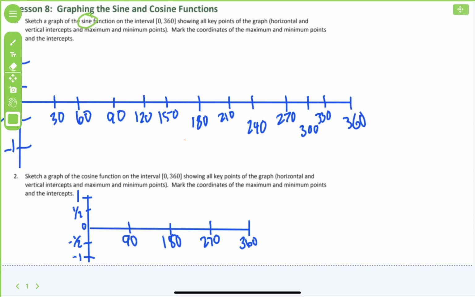Okay, so we're only thinking about the sine, or the y's, of our graph. When we start at 0 degrees, which is another word for 360 degrees for us, that's starting at 3 o'clock, just like on the Ferris wheel example.